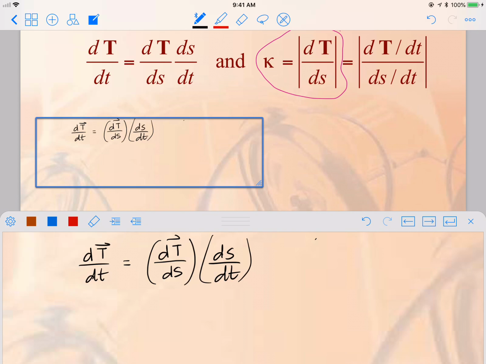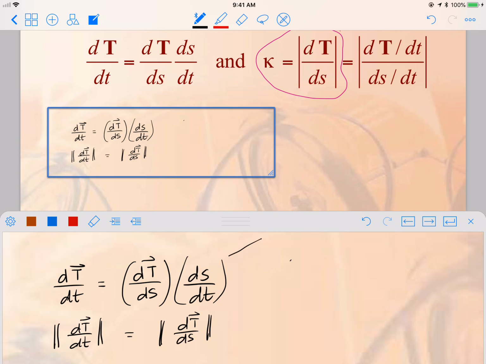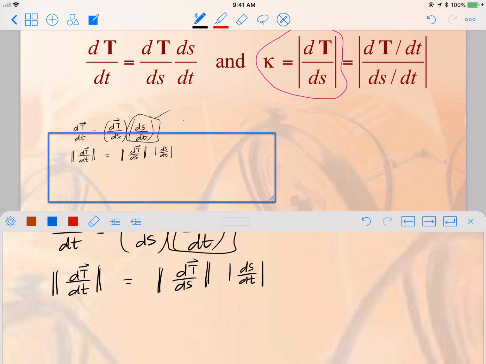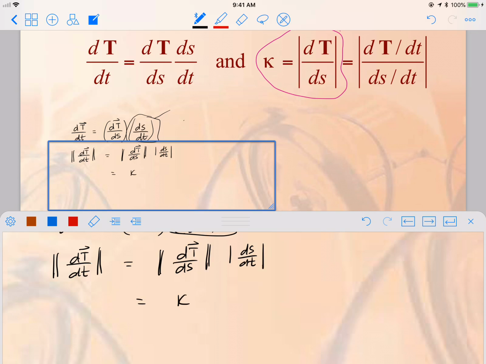So if we just take the magnitude of dT/dt, that should be the magnitude of dT/ds times ds/dt. But now remember ds/dt is a scalar valued function, so this derivative is just going to be a scalar. So that'll be ds/dt. But now this first one is kappa, that's our curvature, and this is the absolute value of ds/dt, and we want the magnitude of dT/dt.